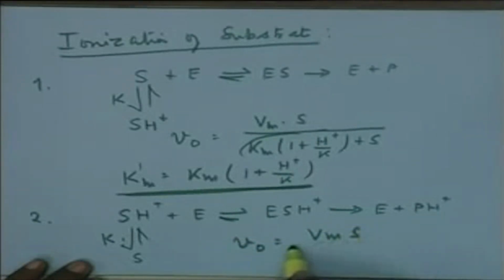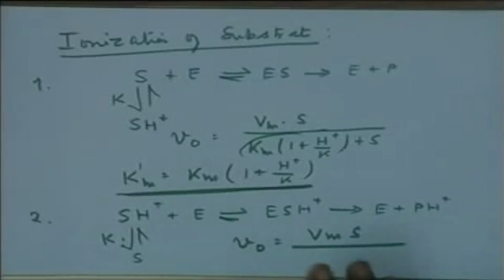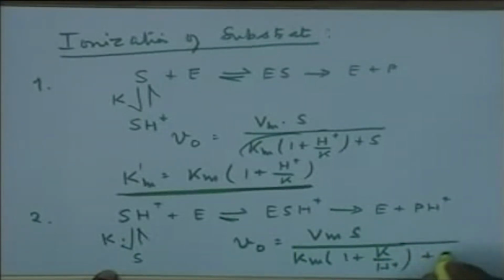Again there will be a difference in the Km value, and you will again get an apparent Km, but the magnitude of the apparent Km will be slightly different and will be given by Km(1 + K/H) + S. If you analyze the two apparent Km terms, this one and Km(1 + K/H), you will notice that only at extreme values of hydrogen ion concentration will there be a difference in the behavior of the enzyme; otherwise they will remain almost similar in behavior.